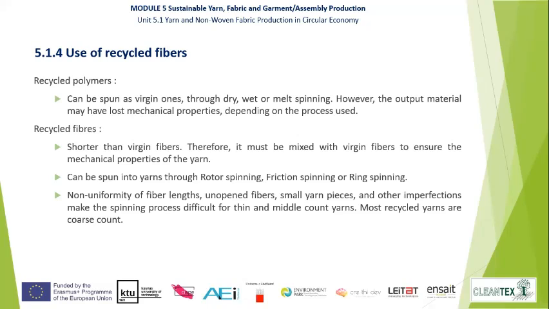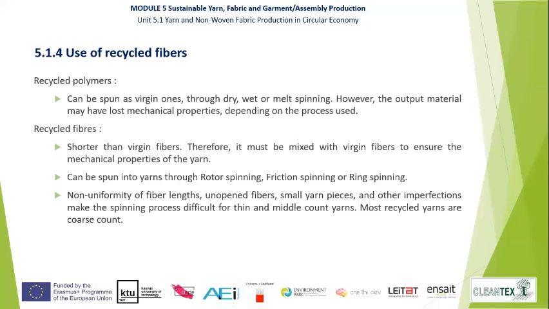We can spin recycled fibers through rotor spinning, friction spinning, or ring spinning. Most recycled yarns are coarse count because it's really difficult to make thin and middle count yarn because of the non-uniformity of fiber length, unopened fibers, small yarn pieces, and other imperfections in the recycled fibers.